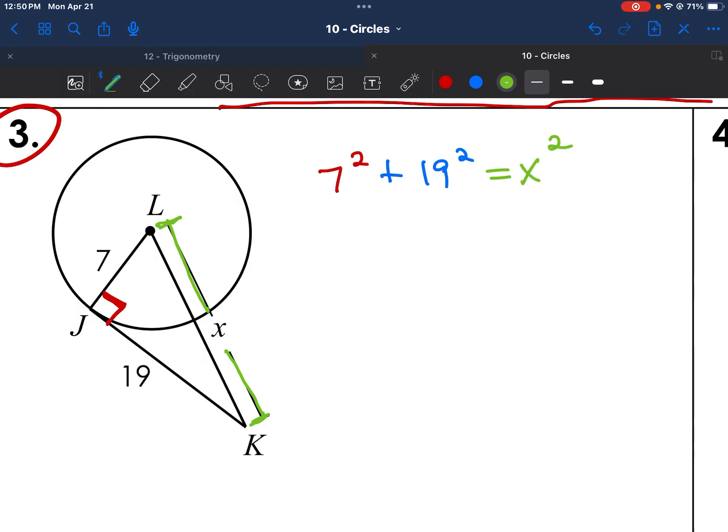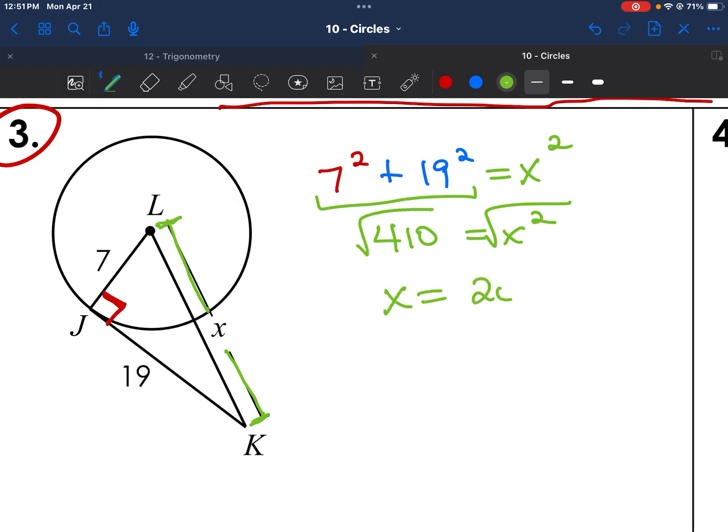All right, so we put all this stuff together. I can type all this in at once. 7 squared plus 19 squared is going to equal 410. 410 equals X squared. Square root it. We'll round it off to 1, and we'll say X is about 20.2.